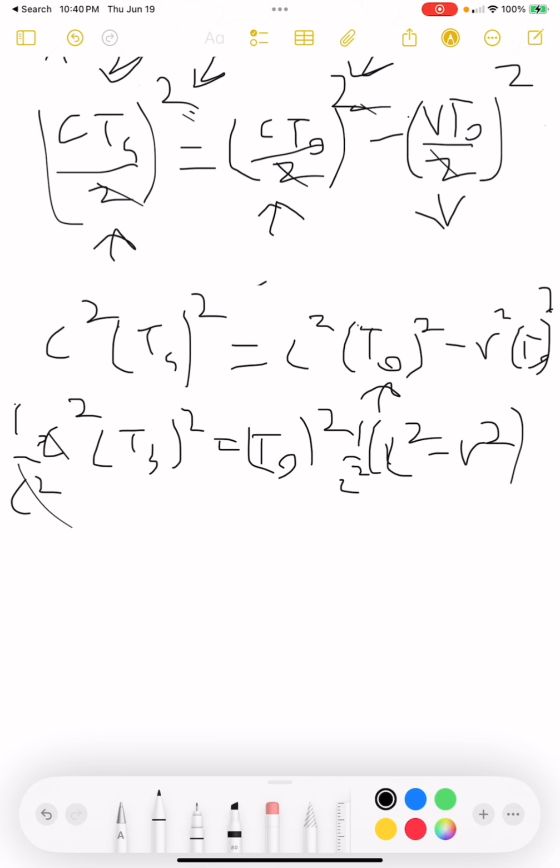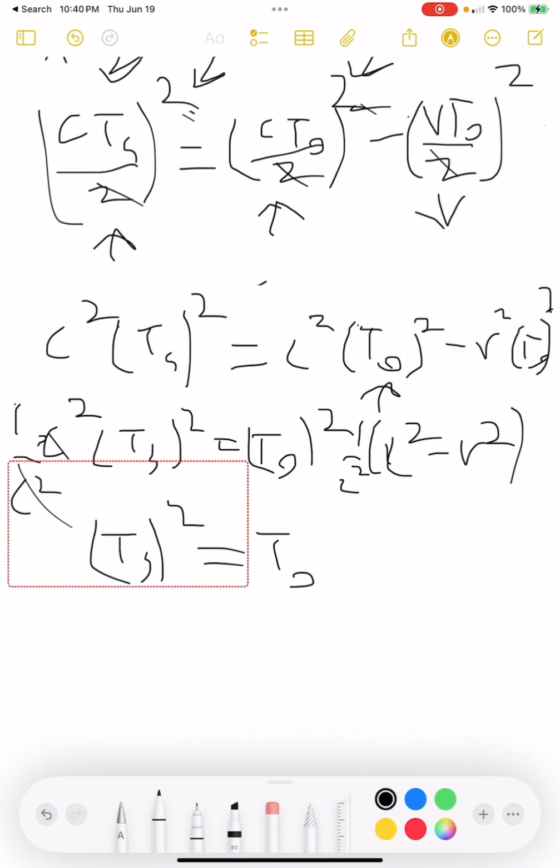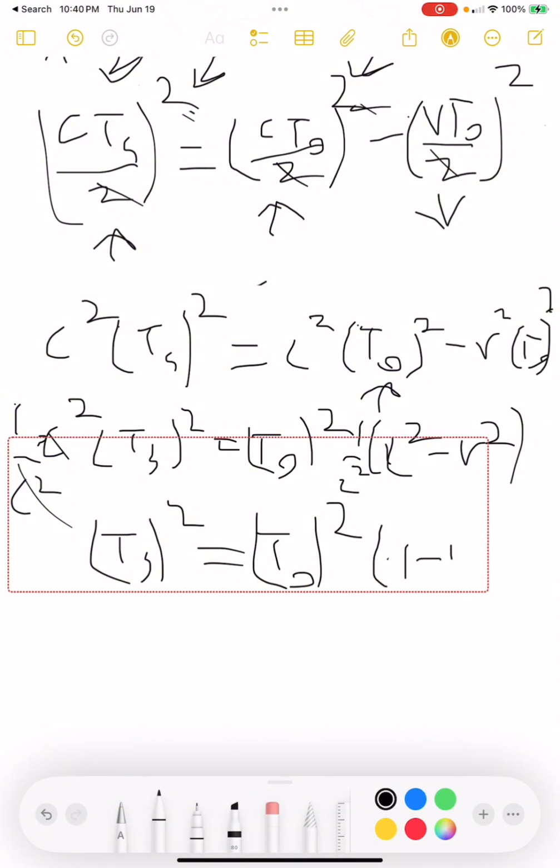The c squareds cancel here, and we get t of s squared is t of 0 squared, distributing this 1 over c squared, times (1 minus v squared over c squared).